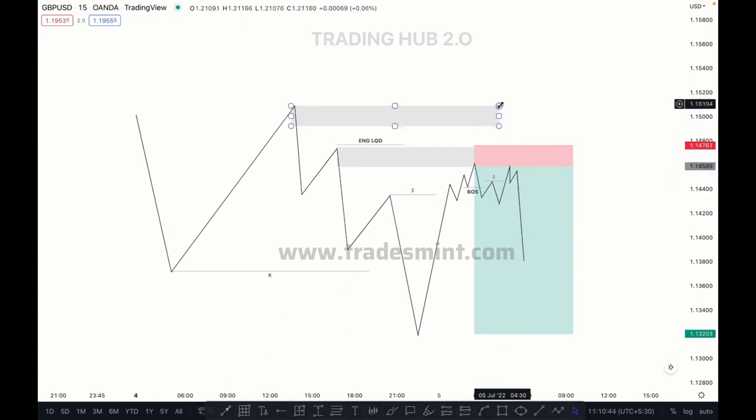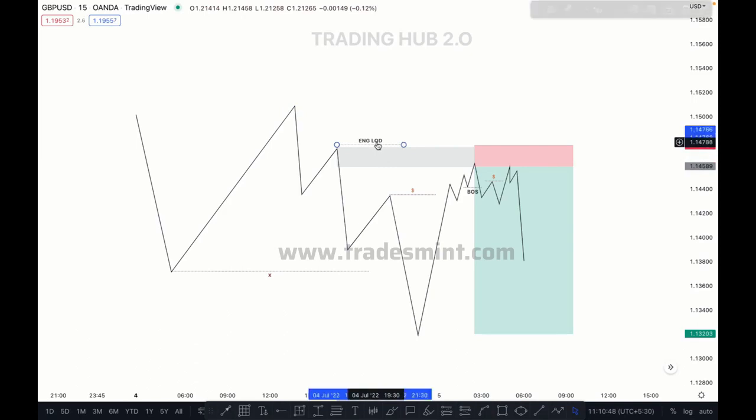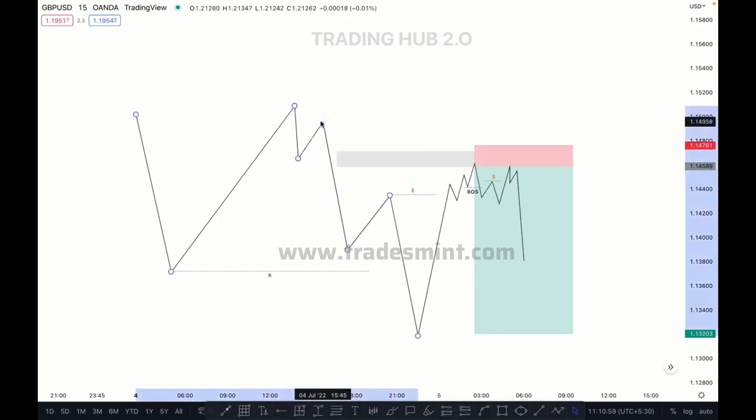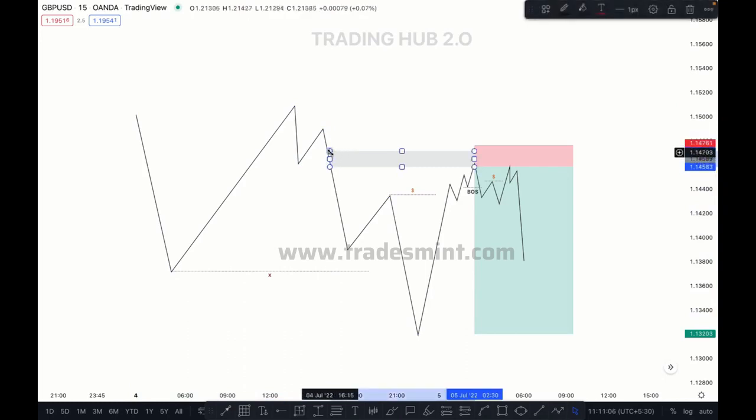If in case there is no engineering liquidity available, sometimes what happens, sometimes the market does not create engineering liquidity, and our inducement and engineering liquidity are both on the same point. Sometimes engineering liquidity is already mitigated, so there is no unmitigated supply zone on our side. So what happens here?